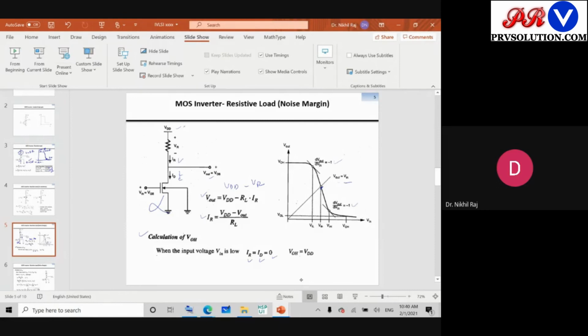So when ID is 0, in this expression IR is 0. When we substitute, we get VDD minus RL into 0, which equals VDD. So when I am calculating VOH, when the input is low, my V out will be equal to VDD. So VOH we have got equals VDD.